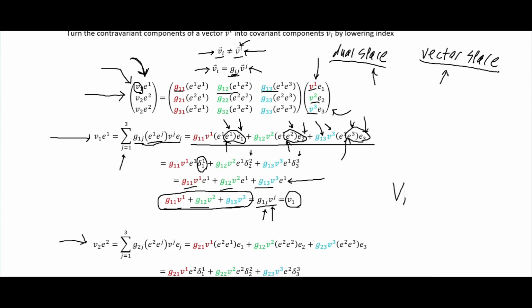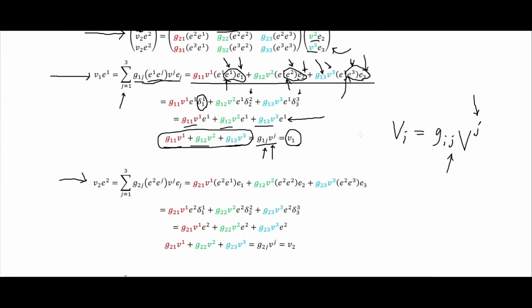So we have our V_i equal g_ij V^j. That is the Einstein summation convention, where if you see an index in the lower part and in the upper part, it is implied that you are summing over those.